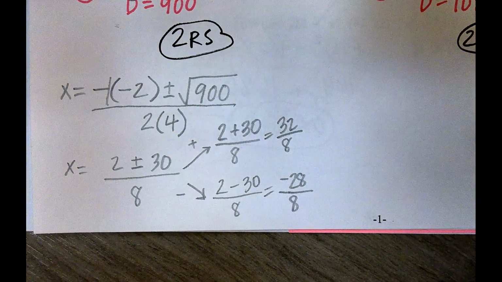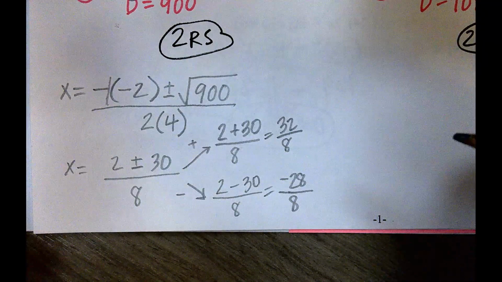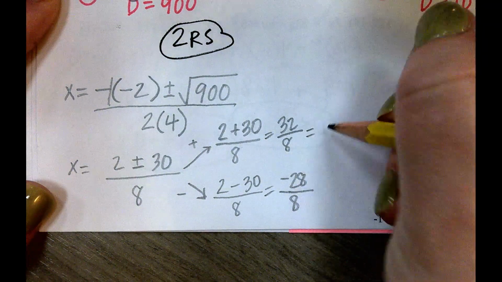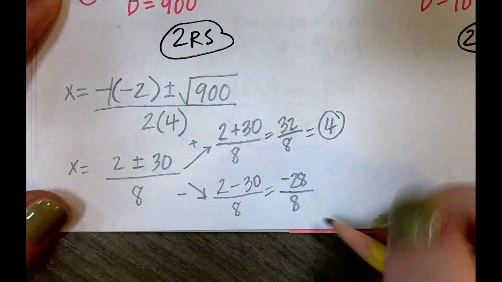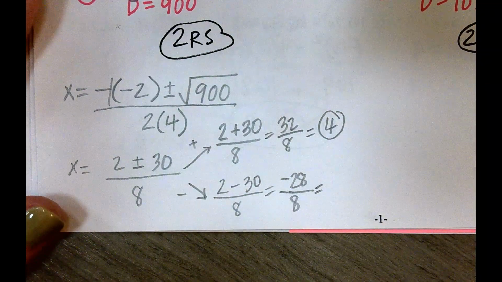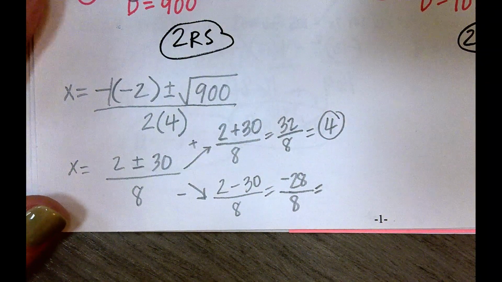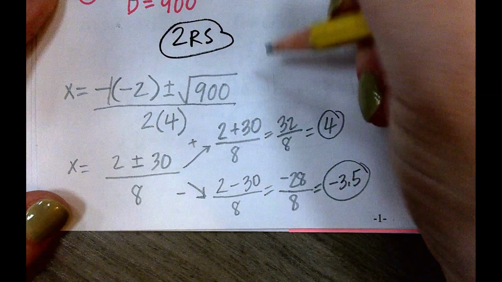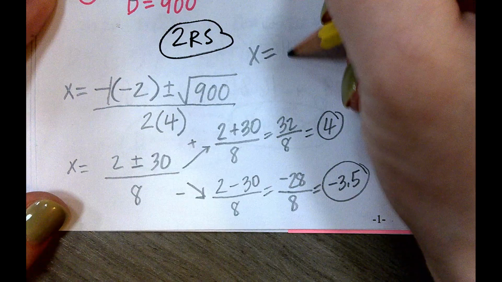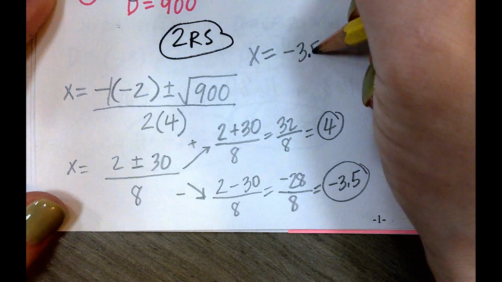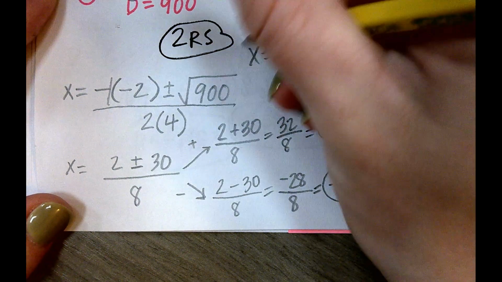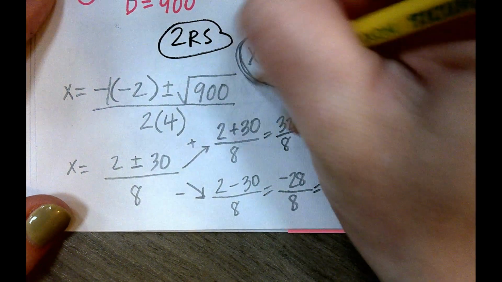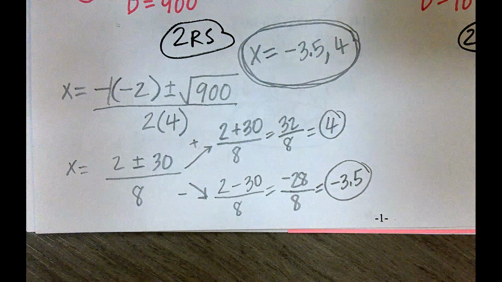Perfect. And 32 divided by 8 is 4. And then negative 3.5. Good. So the answers are negative 3.5 and 4. Very nice.